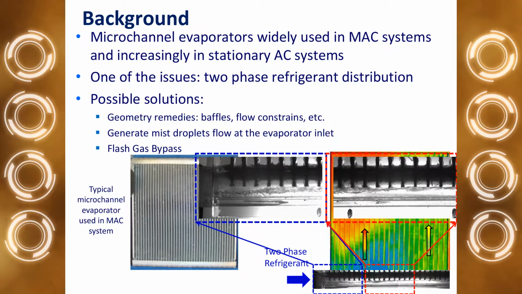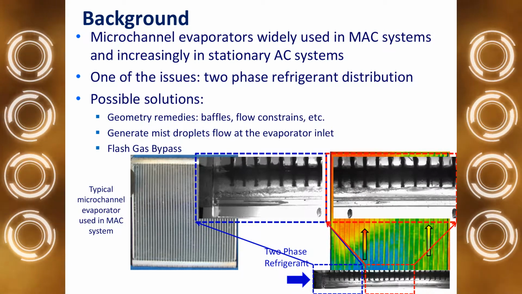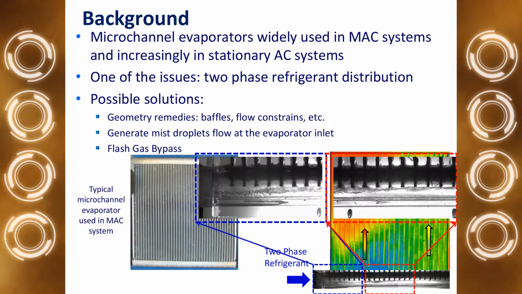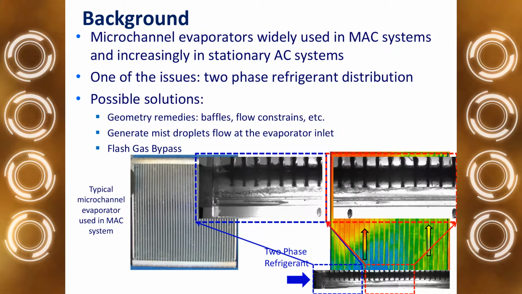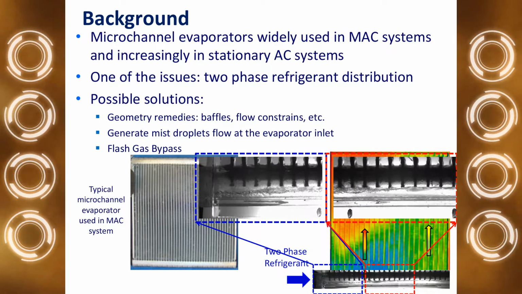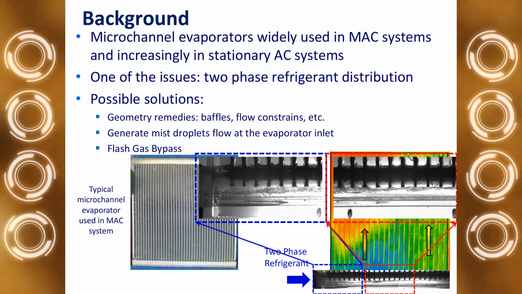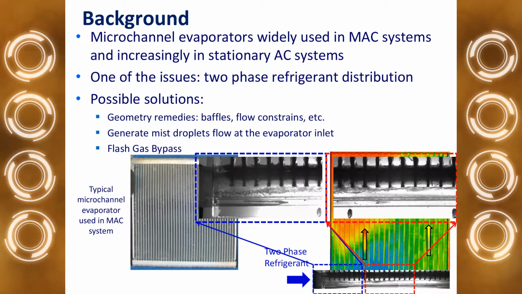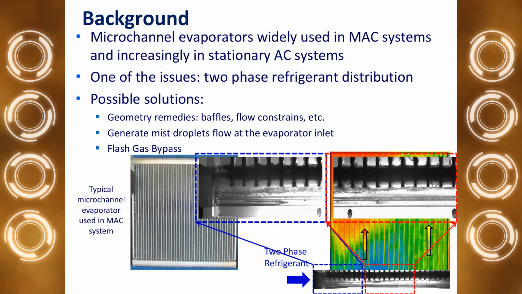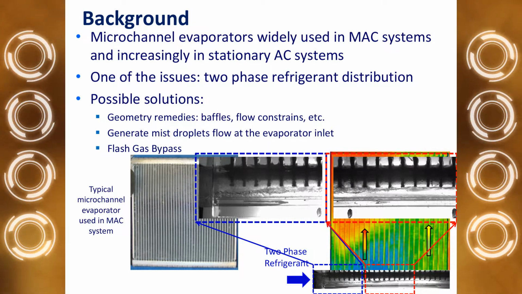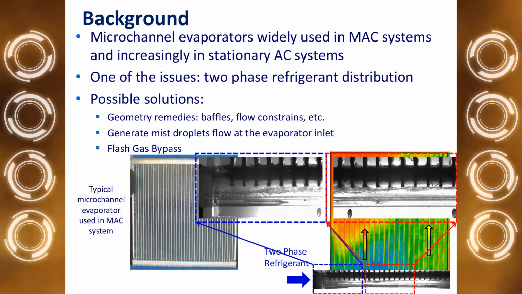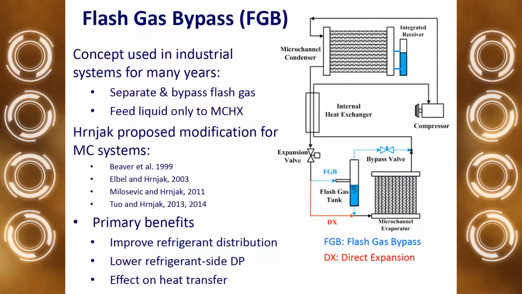And since we have vapor going into those first microchannels, we are sacrificing this surface, and we do not have any heat transfer on that surface. Later, liquid is filling up the header, so liquid is going through other microchannels, where we have a better distribution. What is actually flash gas bypass?